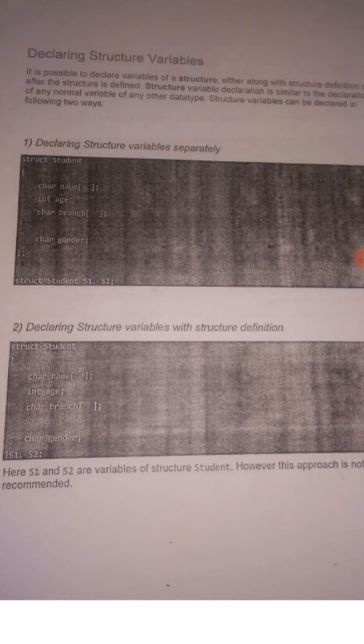struct student, char name, int age, char branch, char gender, close the curly, semicolon, struct student s1, s2 semicolon. This is declaring the structure variable separately.